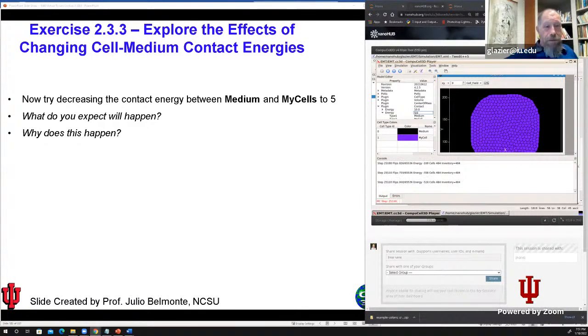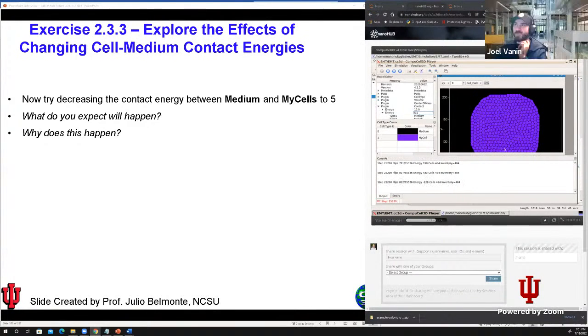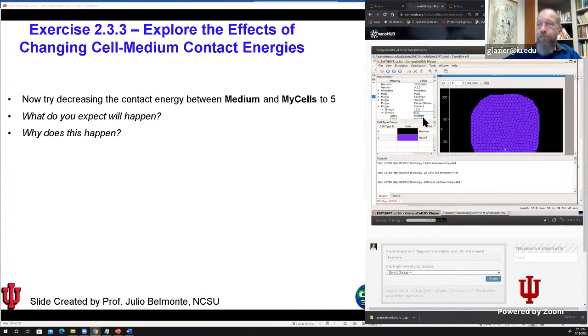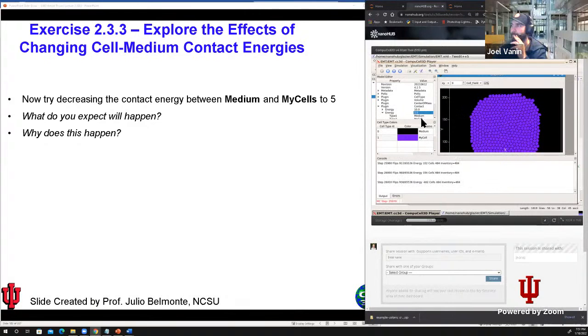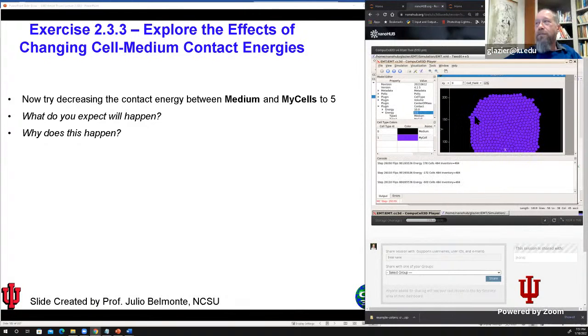Joel, go ahead. It becomes more jagged on the edges. It's almost like the cells want to spread apart. You're talking about cell and medium, right? Yeah. Yep, you see the medium is beginning to penetrate between the cells. The cells aren't really sticking very much to each other.